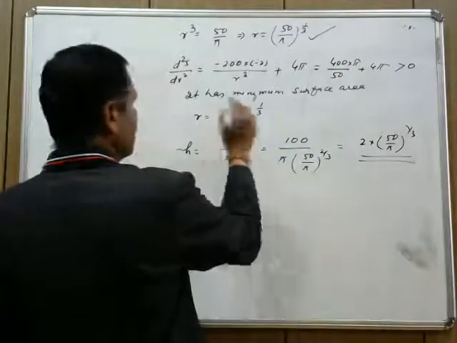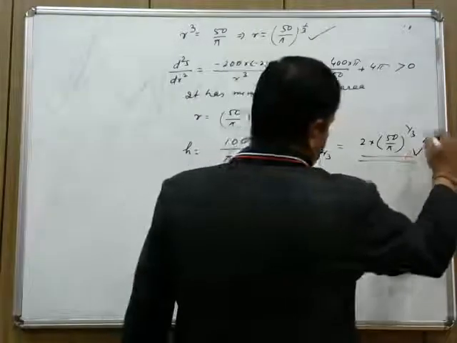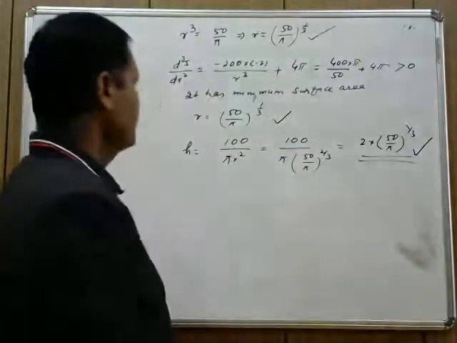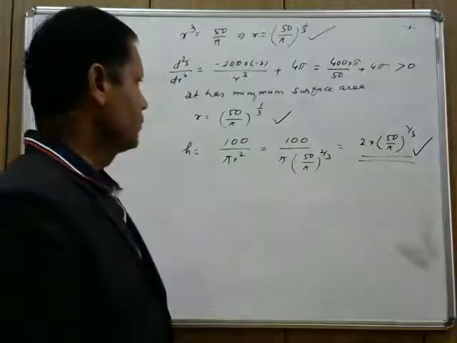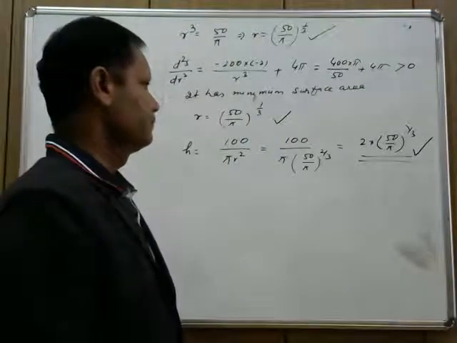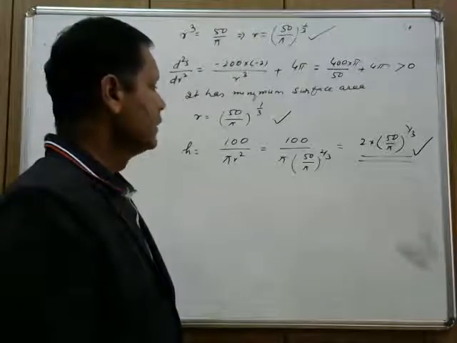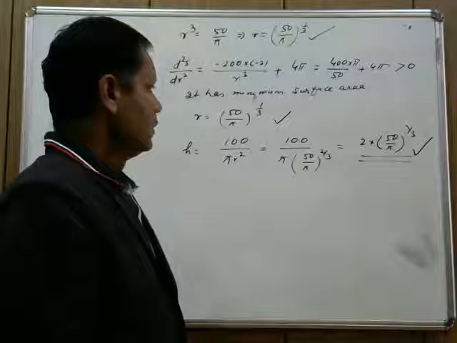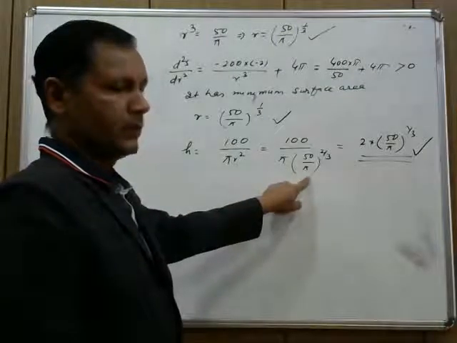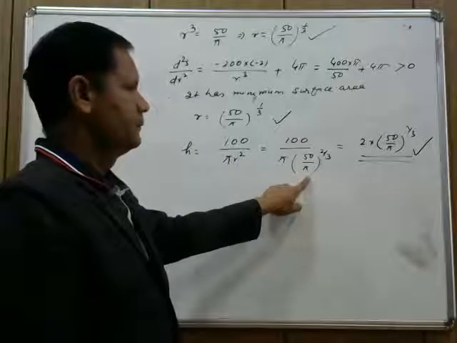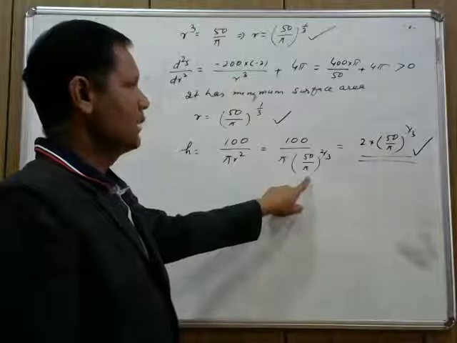Therefore, the dimension of the radius and the height of the cylinder is: radius 50 by pi to the power 1 by 3, and the height is 2 into 50 by pi to the power 1 by 3. Right? Here, pi to the power 1, pi to the power 2 by 3, isn't it? 1 plus 2 by 3.